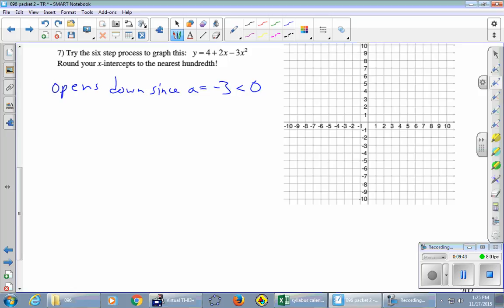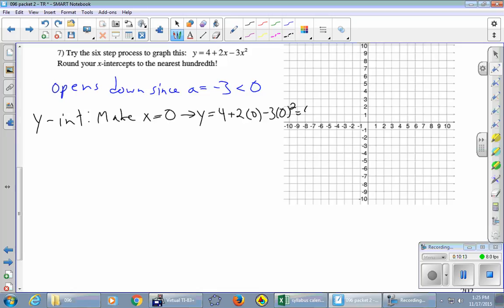Okay, next thing we're after is the y-intercept. In order to find the y-intercept, which we did way back on class number 3 or something, what do we do? Make x 0. So we get y equals 4 plus 2 times 0 minus 3 times 0 squared.